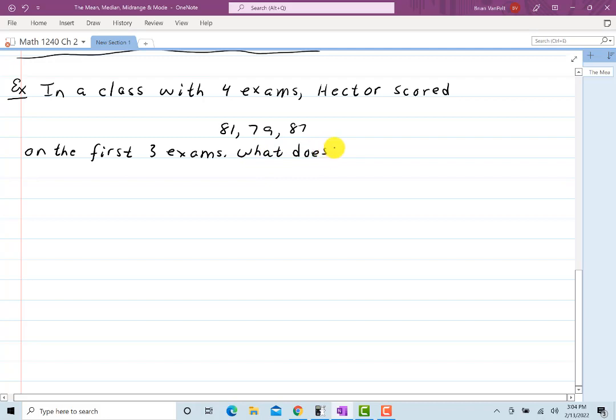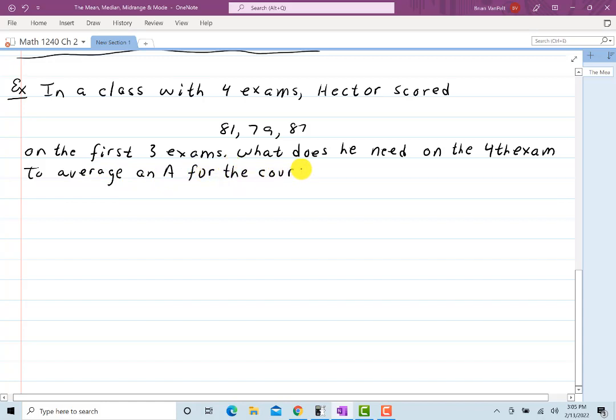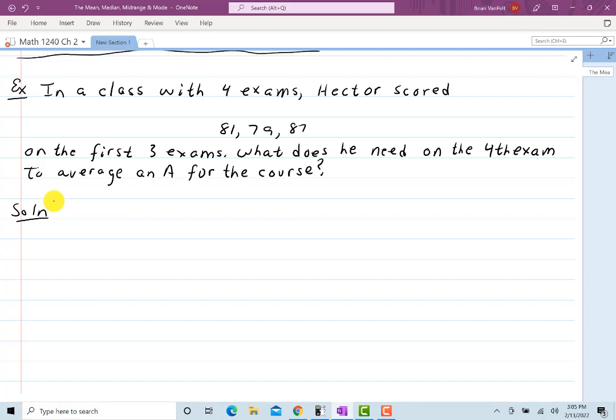What does he need on the 4th exam to average an A for the course? An A, of course, will be 90%. So he needs to average a 90 out of 100.